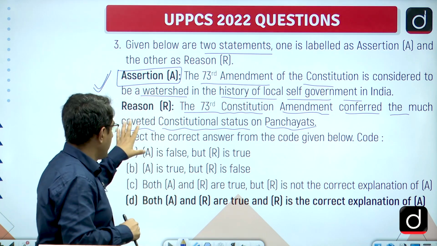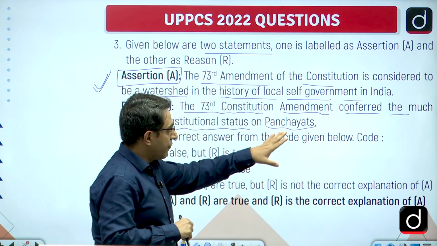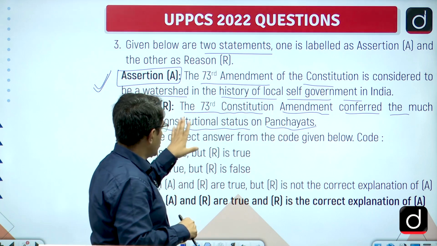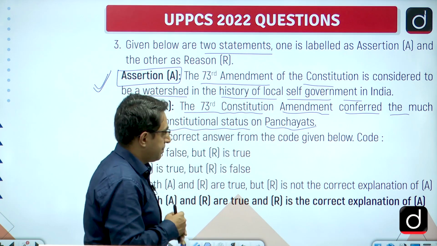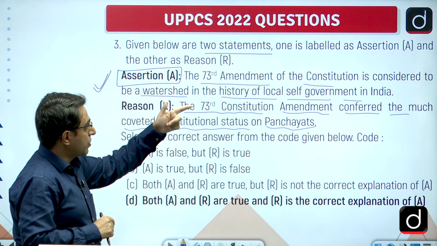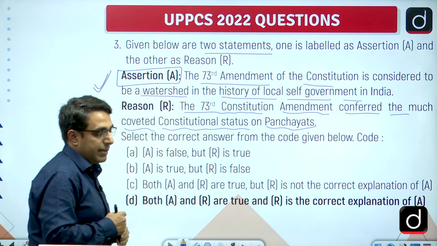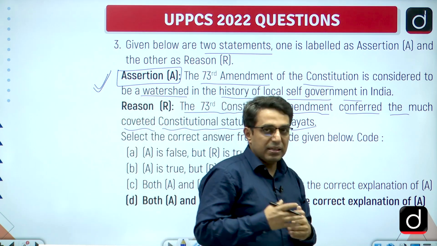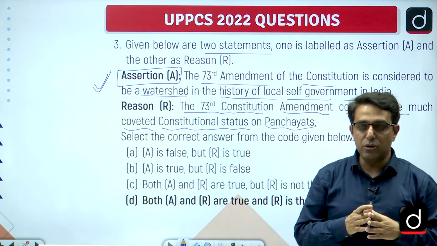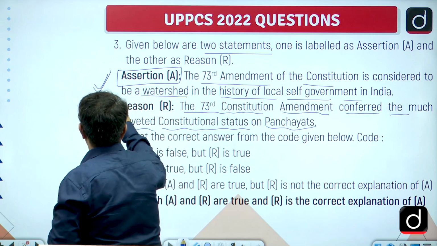Let me show you how. We read it like this: the 73rd Constitutional Amendment conferred the much coveted constitutional status on panchayats because the 73rd Amendment of the Constitution is considered to be a watershed in the history of local self government in India, right.